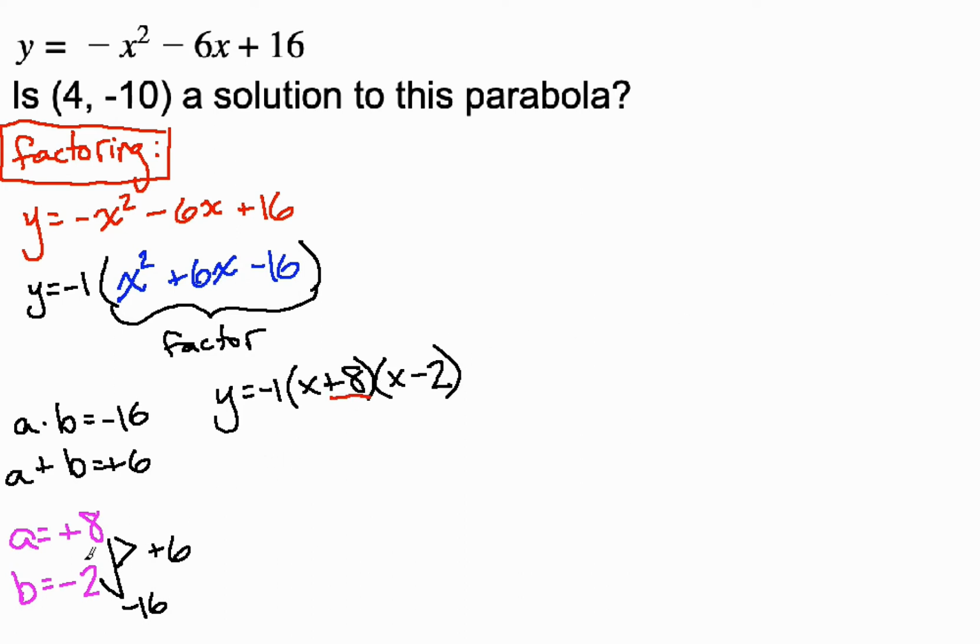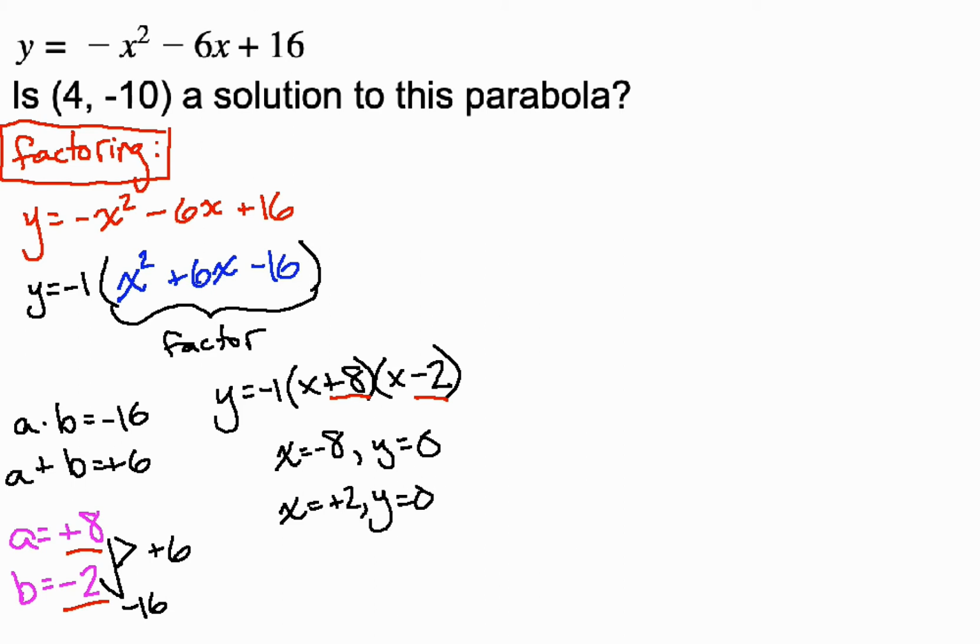Plus 8 comes from right here, because a is plus 8, and then minus 2 comes from here because b was negative 2. Now I can figure out my zeros. I know that when x is equal to negative 8, y is equal to 0. And I know that when x is equal to positive 2, y is equal to 0.